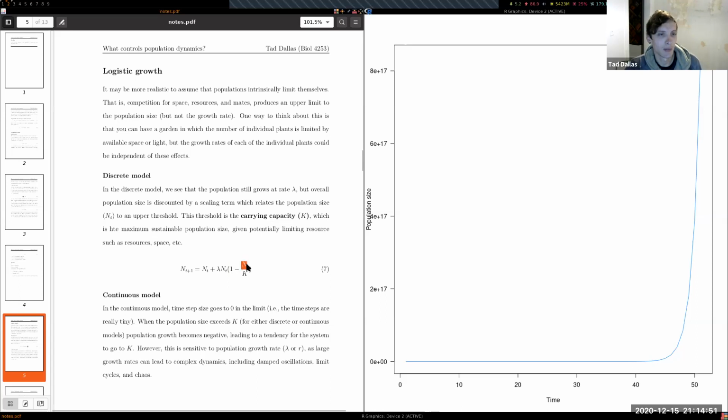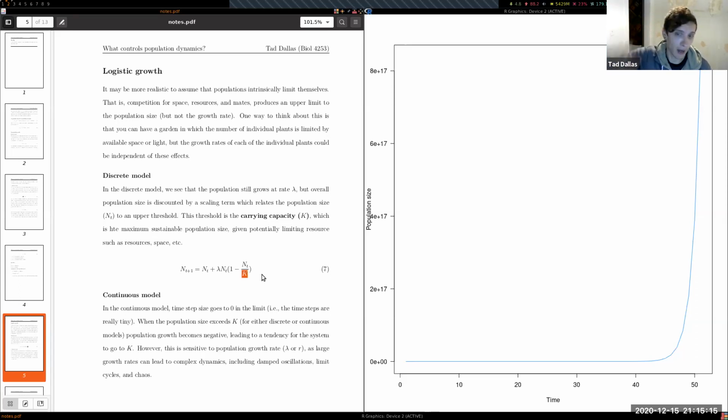What this thing is: 1 minus the population size at time t divided by this notion of a carrying capacity, which we say is K. A carrying capacity is the maximum population size that the population is expected to get. There's only so much space, there's only so much resource. Something is limiting the bounds, and this is the bound.